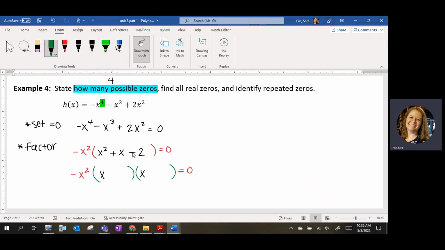Immediately I know the signs. If it multiplies to a negative, I've got to have a positive and a negative. Luckily, 2 only has 2 factors, 2 and 1. So I just have to figure out which one I want to be the positive to add to a positive 1. Yeah, positive 2, negative 1 would add to positive 1. So I've got it completely factored, and I am ready to split and solve.